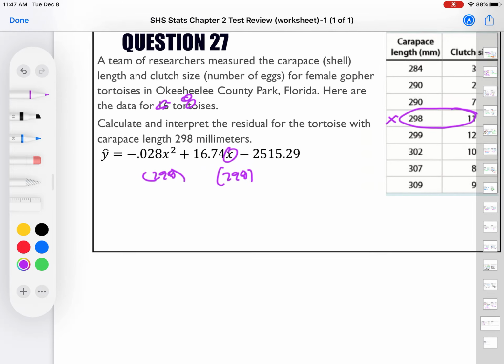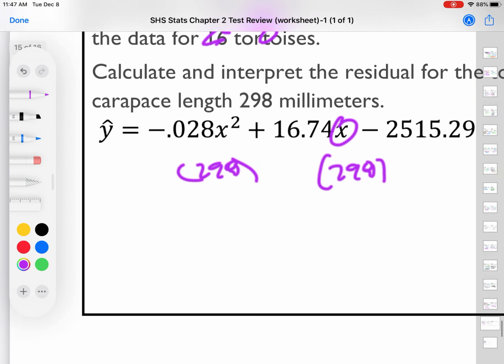Okay, so again, if you put in there negative 0.290, square that number first.